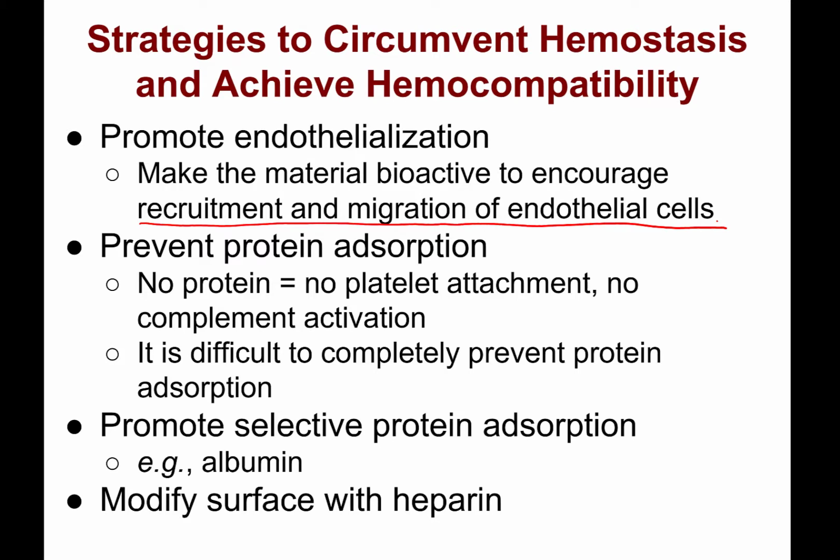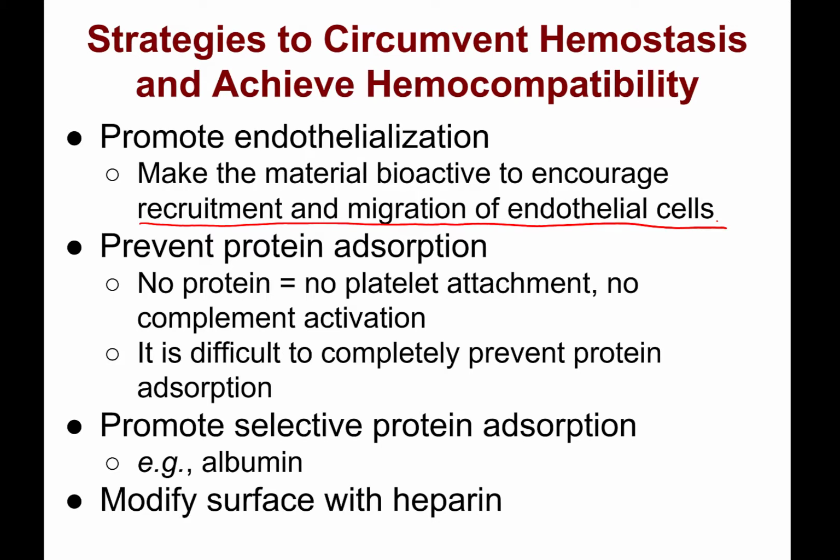The other strategy that we have is we can prevent protein adsorption, because of course if we have no protein on the surface, then we're not going to have any platelet attachment and activation, so that'll improve hemocompatibility. We can also circumvent complement activation this way. The problem there is that it's difficult to completely prevent protein adsorption.